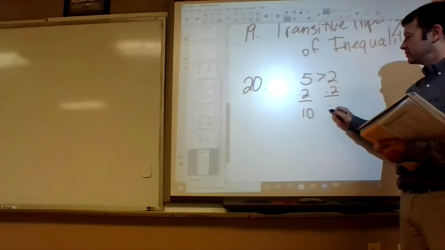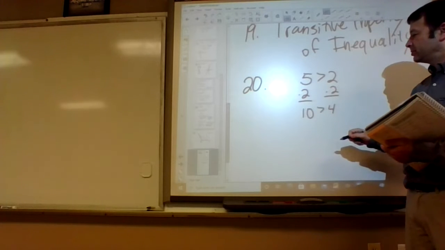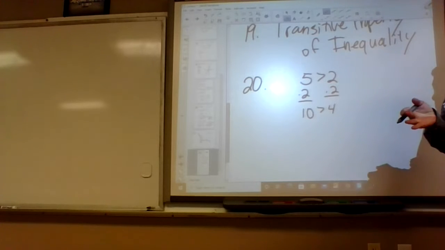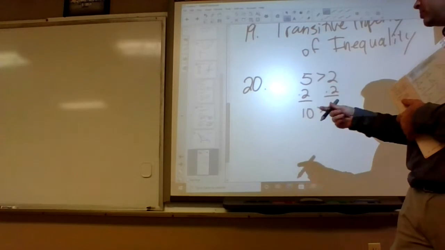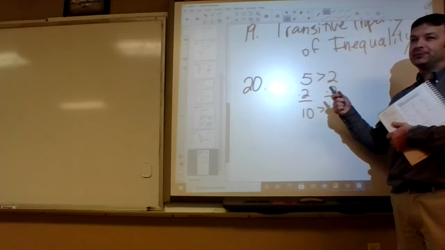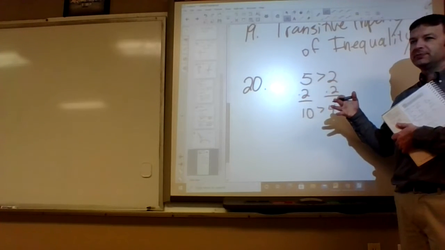So what property is that? What was it called, back when we did these, when you multiplied both sides of the equation by the same value and it stayed equal?